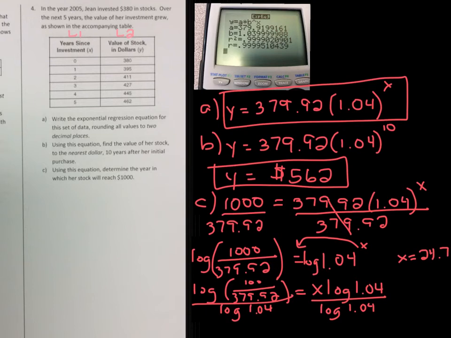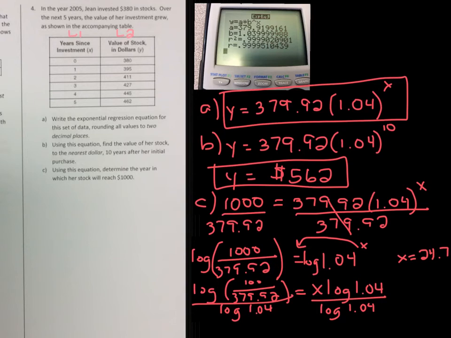But the question says, using this equation, determine the year in which her stock will reach $1,000. So even though 24.7 normally rounds up to 25, her stock reaches $1,000 within that 24th year. So it's going to take 24 years past her initial investment.